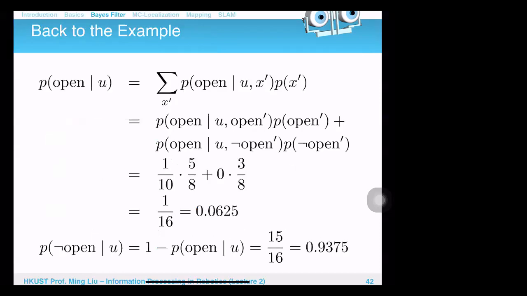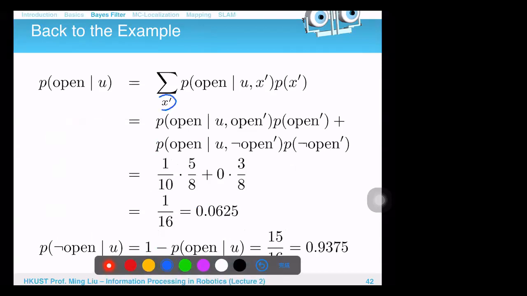So how can we do the computation? The P of open given u is a marginalization over the previous state. The previous state can be open prime, or it can be not open prime.